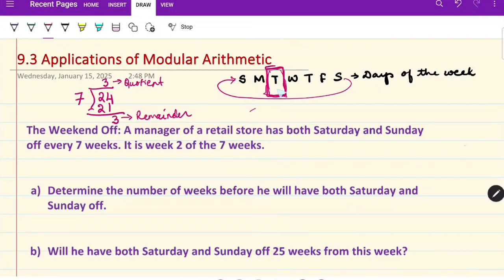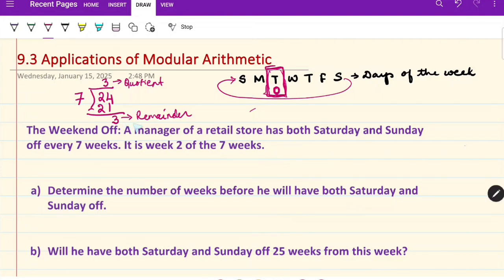Based on the question which asked what day would it be 24 days from today, you have to come around 3 times to land on a Tuesday again. And that Tuesday, I'm going to mark the start day as day 0.